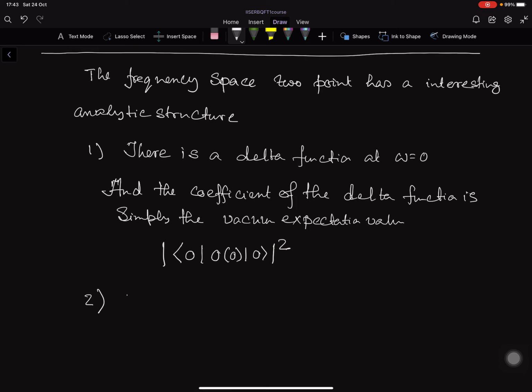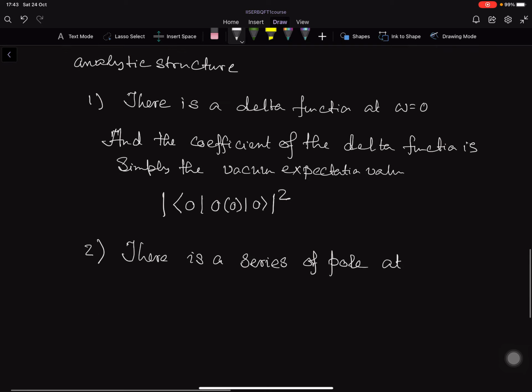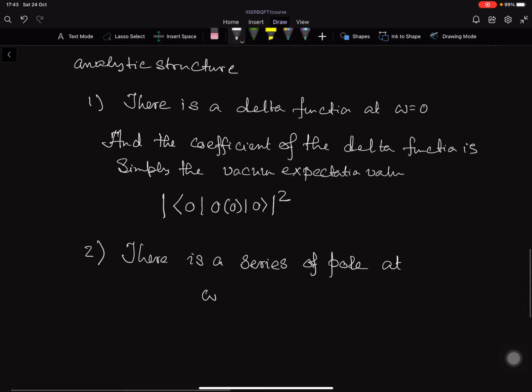Which says that there is a series of poles at omega square equal to (En minus E0) whole square minus i epsilon.